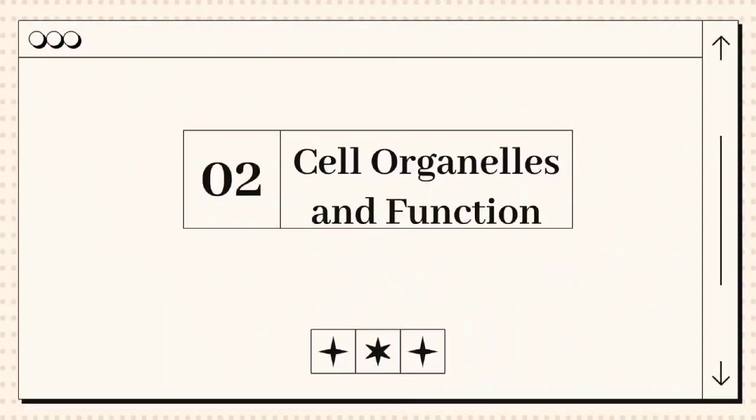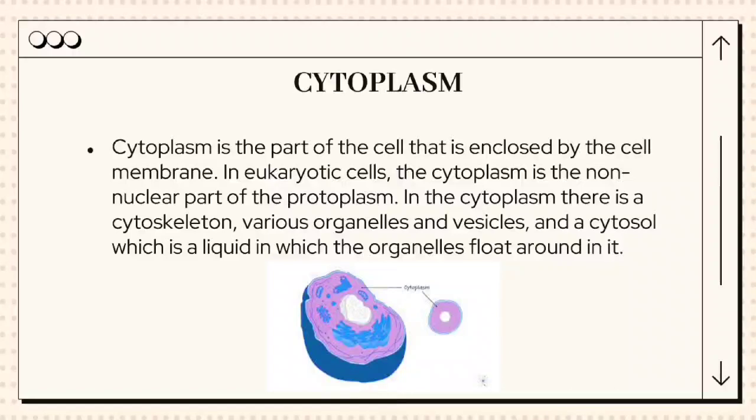And last, cytoplasm. Cytoplasm is the part of the cell that is enclosed by the cell membrane. In eukaryotic cells, the cytoplasm is the non-nuclear part of the protoplasm. In the cytoplasm, there is a cytoskeleton, various organelles, and a cytosol, which is a liquid in which the organelles float around.